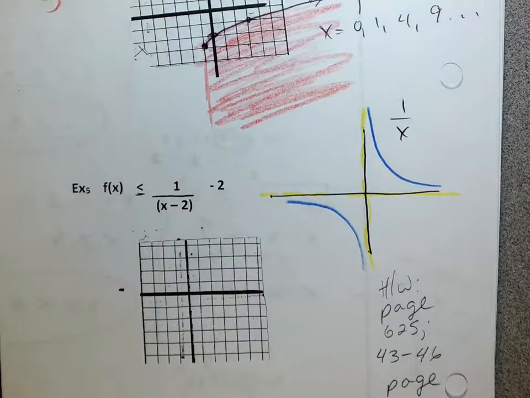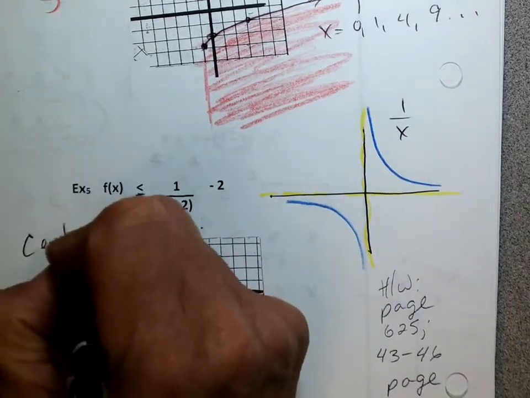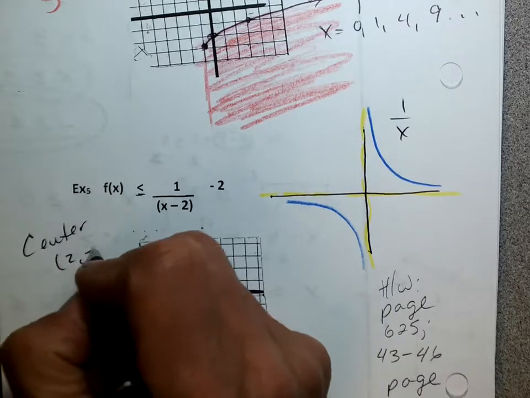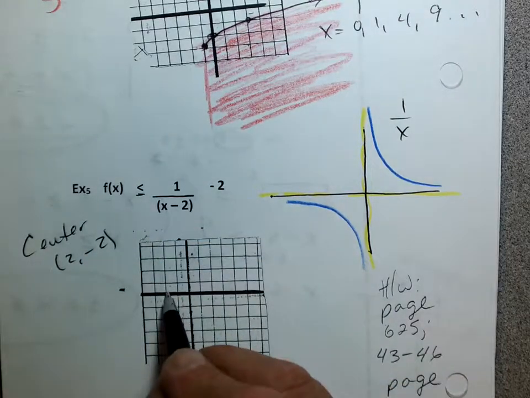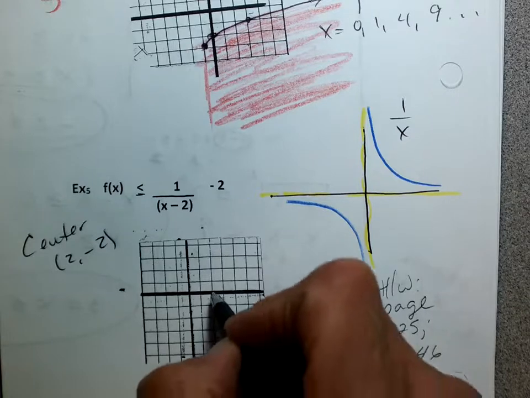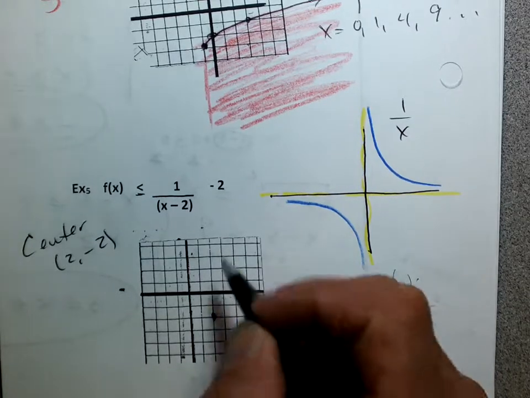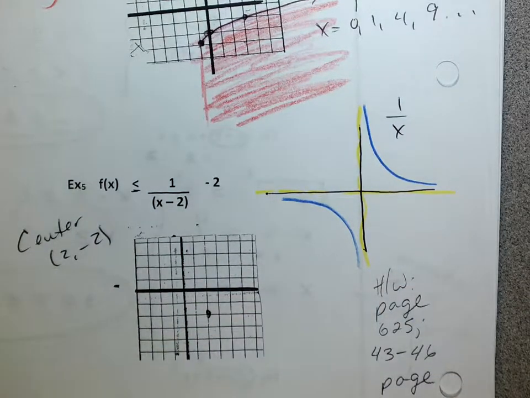So we have the same parent function, except we're going to move this center to 2, -2. And that's where my asymptotes go.